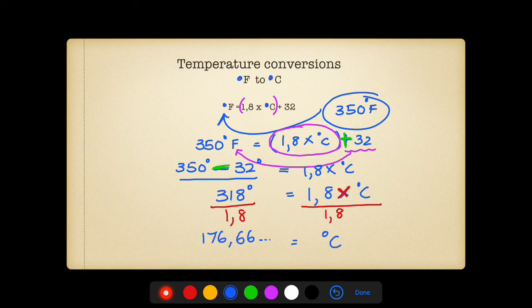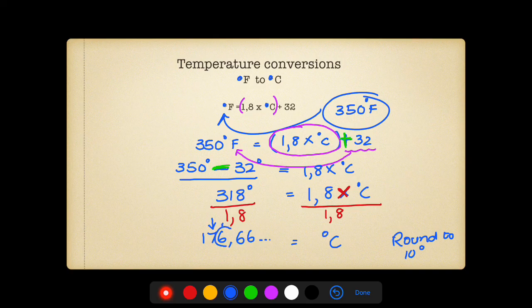176,66 recurring degrees C. Now, a question that comes up quite often is round to the nearest 10 degrees. So round to 10 degrees. This is my units, this is my 10. So I am rounding to my 10 degrees.